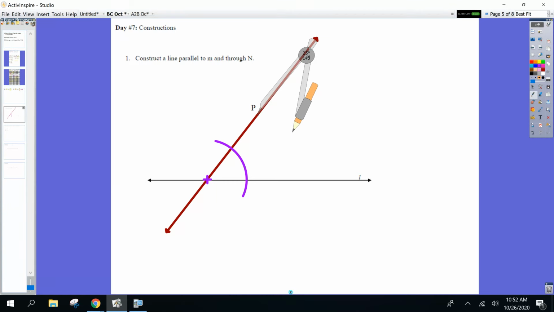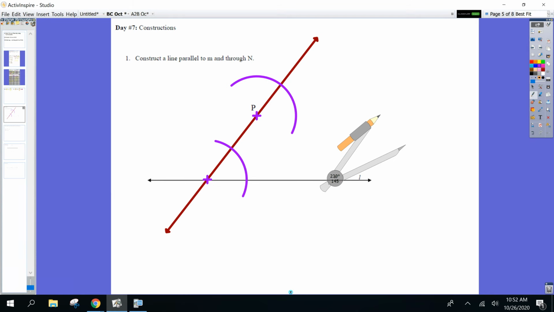Keep it the same as the first arc and make another arc that intersects ray P. So this is my diagram and what it looks like so far. We all good? So all I've done is make those 2 arcs.